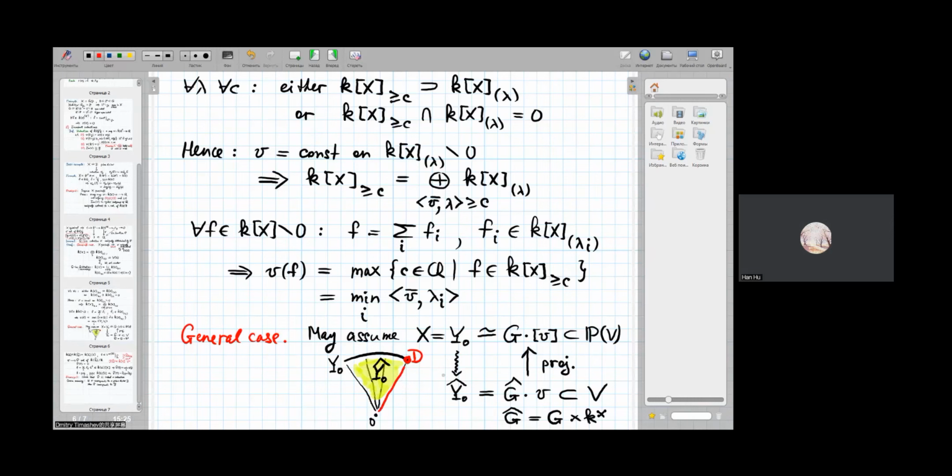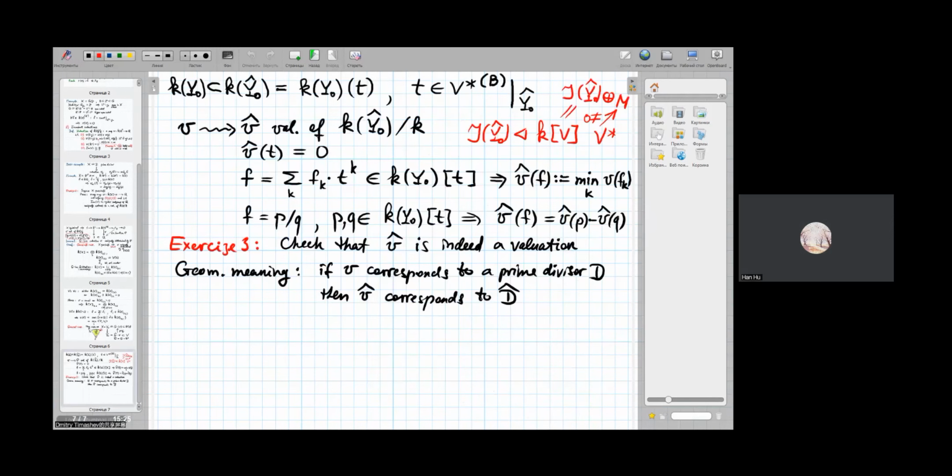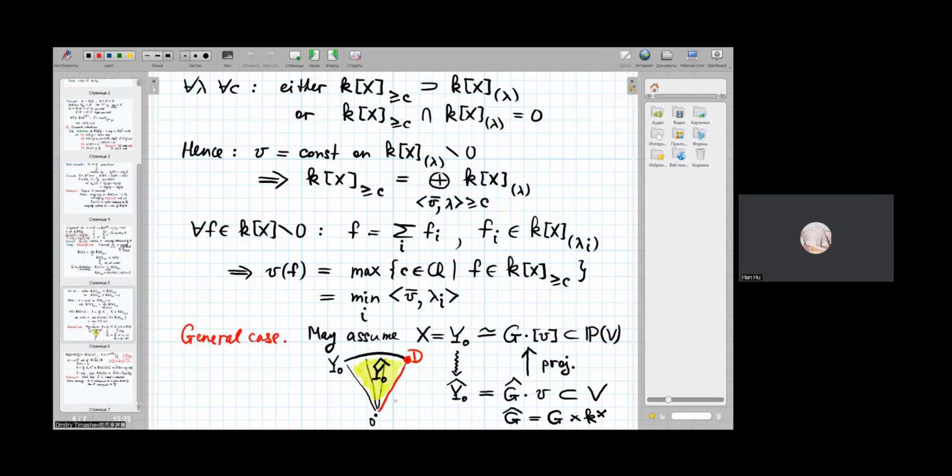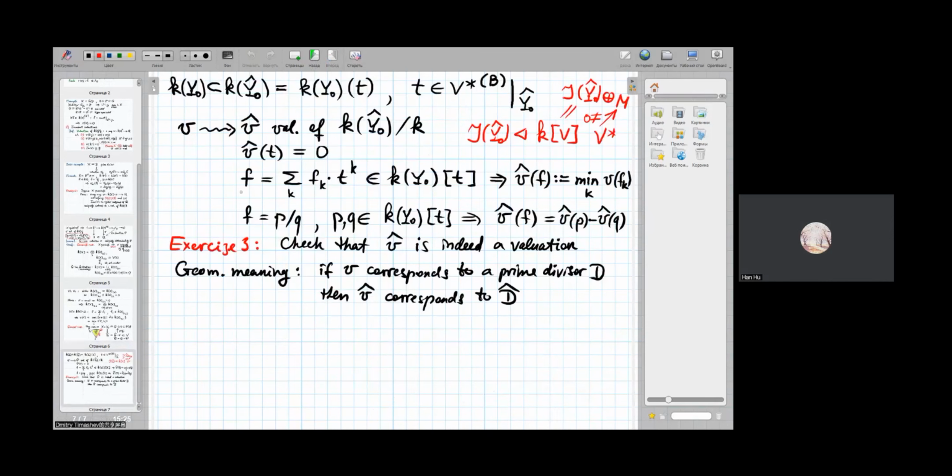So even if V were not G invariant, we could define this valuation V hat starting from V. So if V corresponded to D, then V hat would correspond to this cone over D, to this D hat. Okay, this is a geometric meaning of this construction V hat from V. And now I use the next lemma, lemma 2, which I will prove later on the next lecture. Lemma 2.